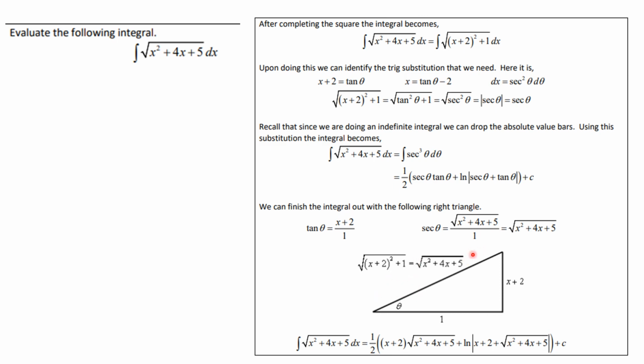So you see 1/2, the secant is the hypotenuse over the adjacent, so I'm substituting that for the secant. The tangent is x plus 2, so you see I'm getting 1/2, and this is that square root over 1 times x plus 2, plus the logarithm of the secant. Again, the secant is this, and the tangent was this, plus c.